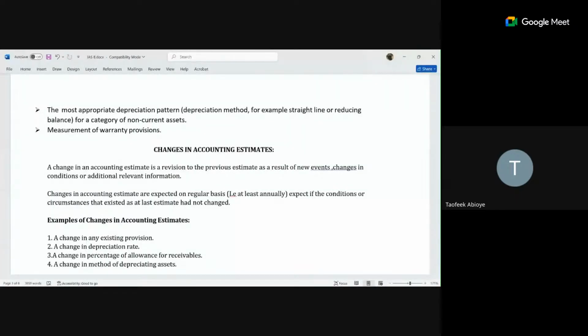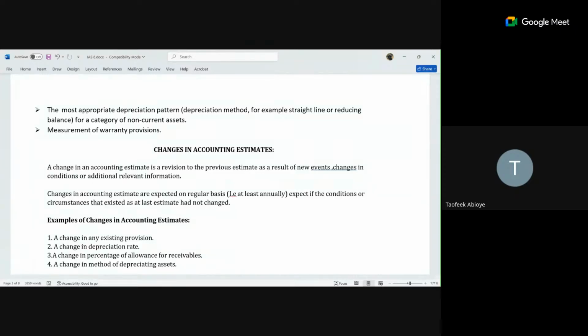So basically, changes in accounting estimate are expected to take place at least yearly as a result of a likelihood of changes in the condition of assets, and changes in the condition of liabilities for provisions.